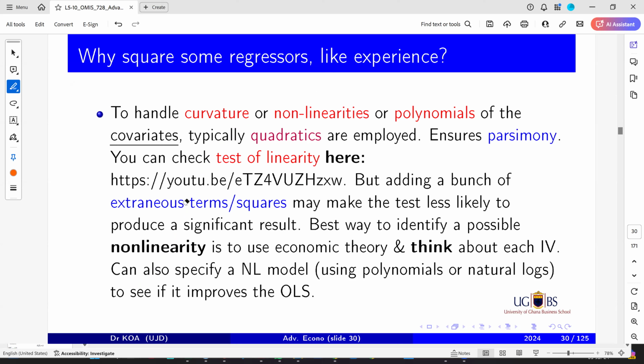The key point is that if you want to identify non-linearity, you have to use theory and think, because you don't just take the log of everything. I take the log of those that can be taken. Sometimes you even have to specify non-linear models using polynomials and other things to handle the quadratic nature. This is why you sometimes have to run different models first to check.